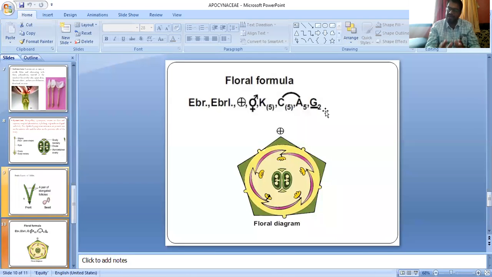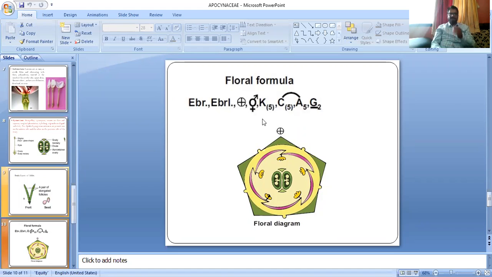It means ovary is apocarpous. Carpels are free from each other. If ovary is syncarpous then we bracket this 2, and if ovary is apocarpous then bracket is absent. So gynoecium bicarpellary, apocarpous and superior. This underline on G is the case, superior. Gynoecium is superior, ovary is superior.